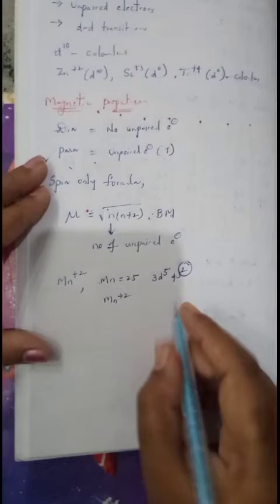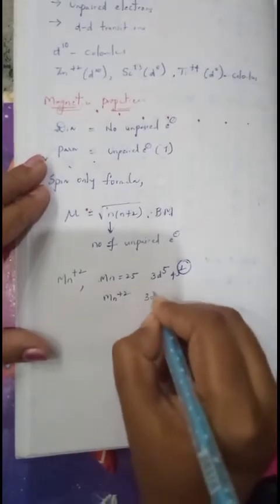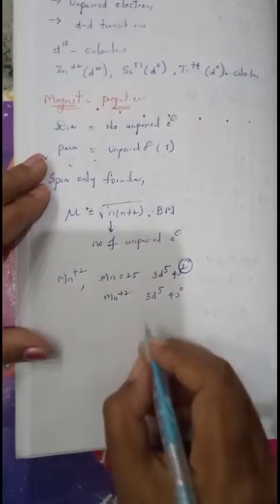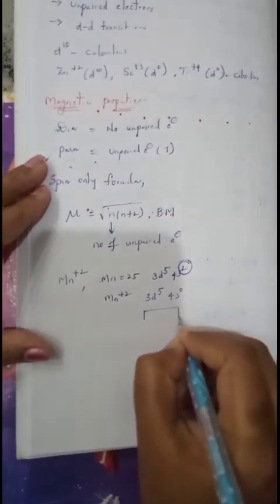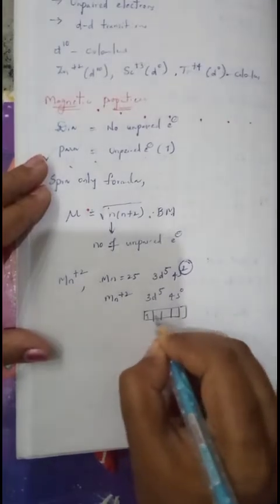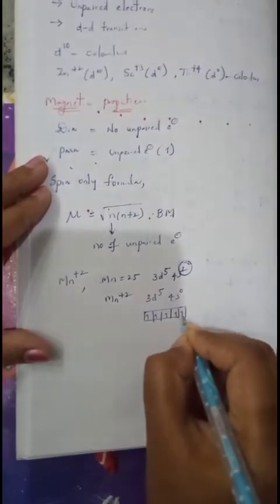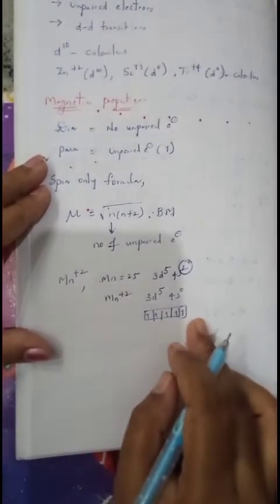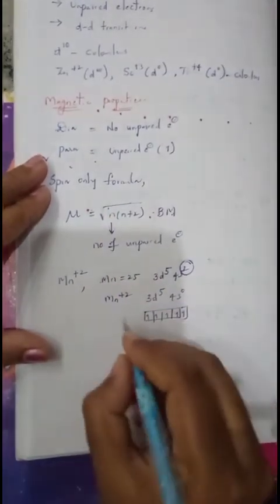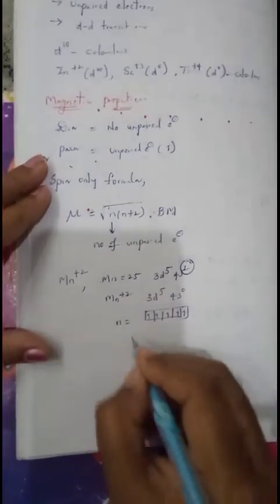If it loses 2 electrons from 4s, then its configuration becomes 3d5 4s0. Then for the total number of unpaired electrons, you just write all the 5 electrons here: 1, 2, 3, 4, 5. Now you can observe all the 5 electrons are unpaired. So the n value is equal to 5.